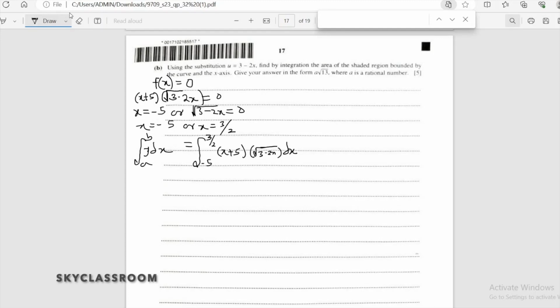That's y. So let me divide this into 2, so the space will be enough.